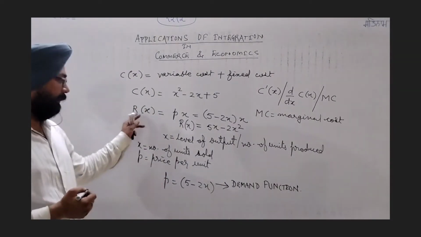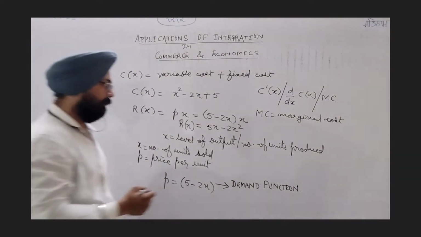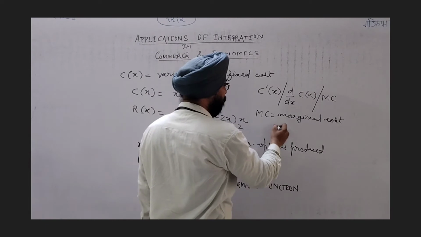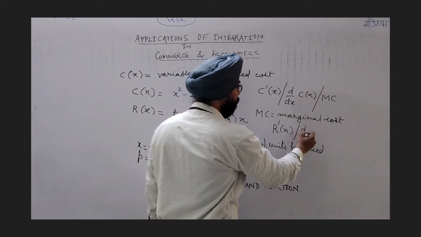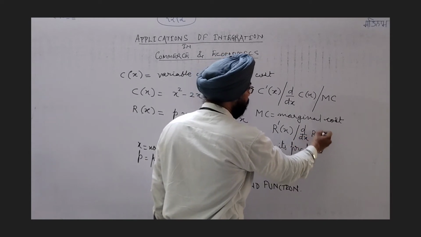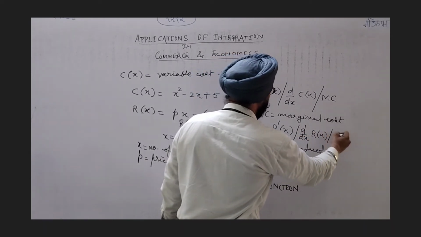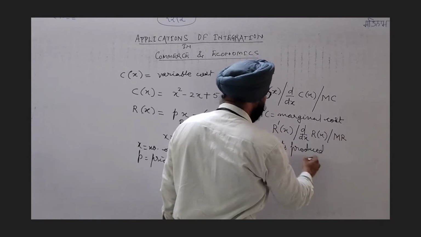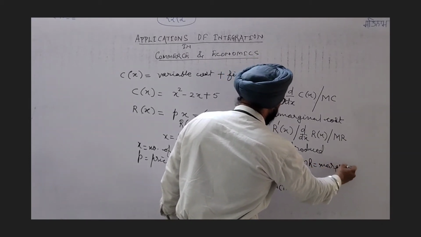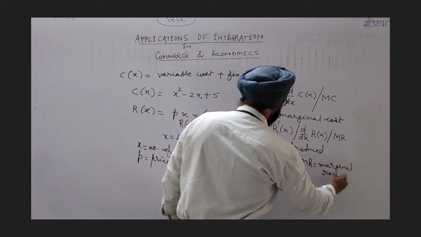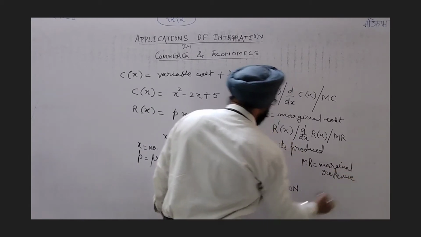The same process we can apply for R(x) also. When R(x) is differentiated, either we write R dash x or d by dx of R(x), or we write MR. Now MR stands for marginal revenue. What does it mean?